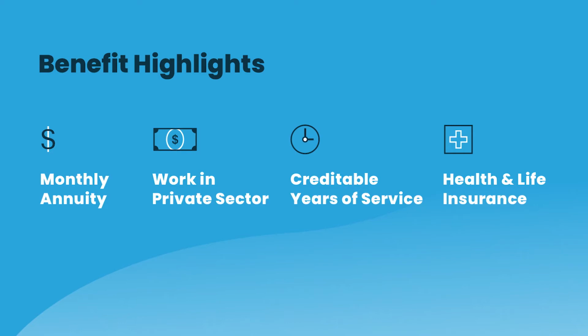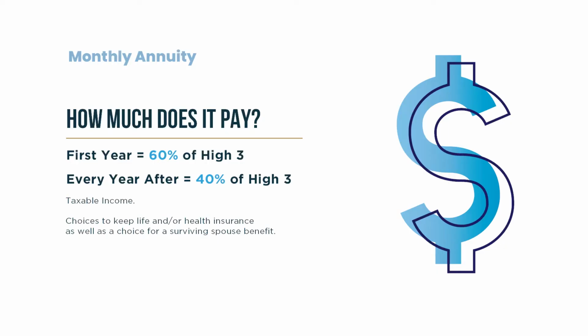Anna, can you give us a breakdown just on how that monthly annuity works? Yeah, so your monthly annuity is going to pay you 60% of your high 3 salary for the first year that you're on the benefit, and then 40% for each year after that until you turn 62. Perfect. And can you also go over a little bit of what the high 3 is? Yeah, so the high 3 salary is your 3 highest consecutive years of salary averaged.